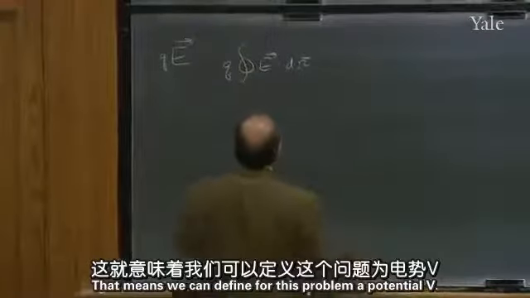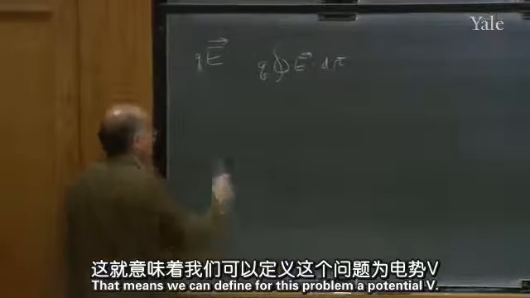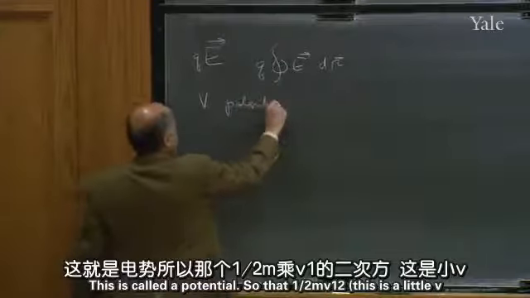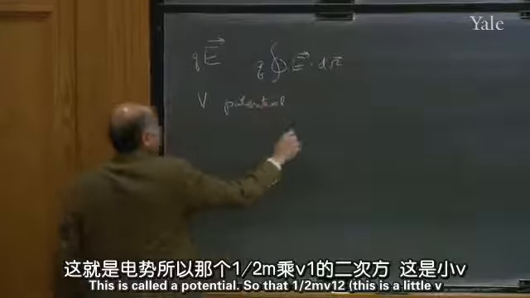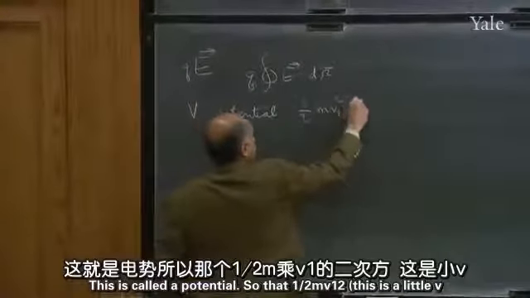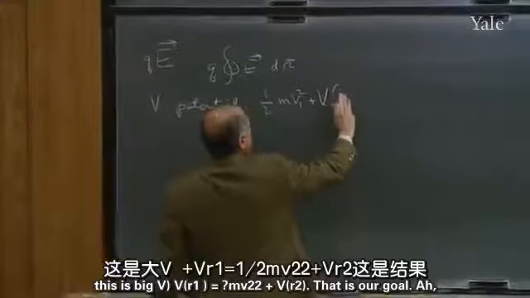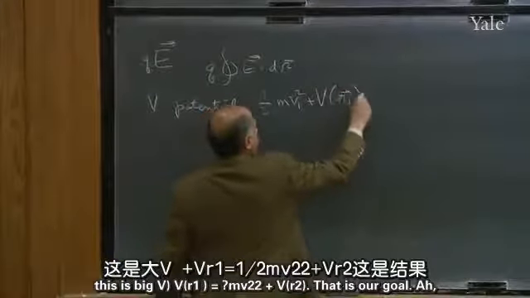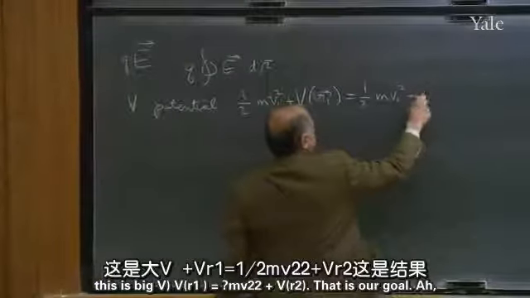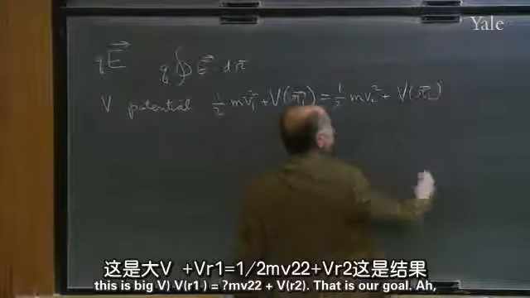That means we can define for this problem a potential V, which is called the potential, so that 1/2 m v1 squared, this is a little v, this is big V, capital V at the point R1, is equal to 1/2 m v2 squared plus capital V at the point R2.